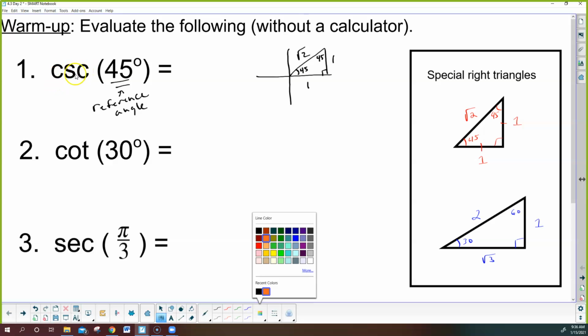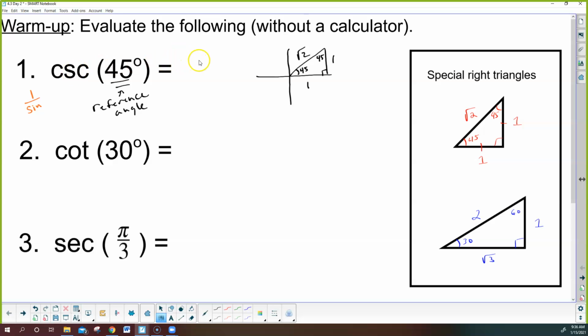We've got cosecant. Well, I think cosecant is the reciprocal of sine, right? Now, I know that sine is equal to opposite over hypotenuse from SOHCAHTOA. So what we're looking for is the reciprocal of that, which is hypotenuse over opposite.